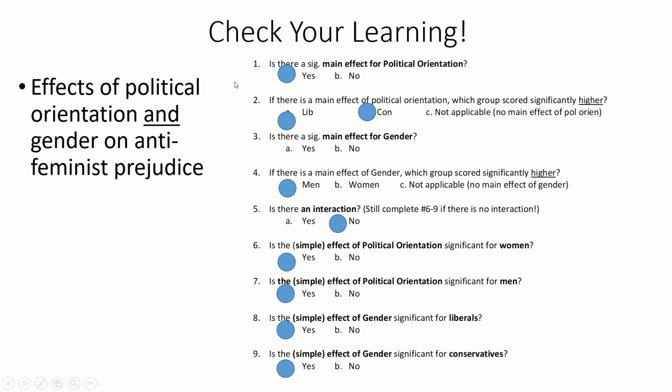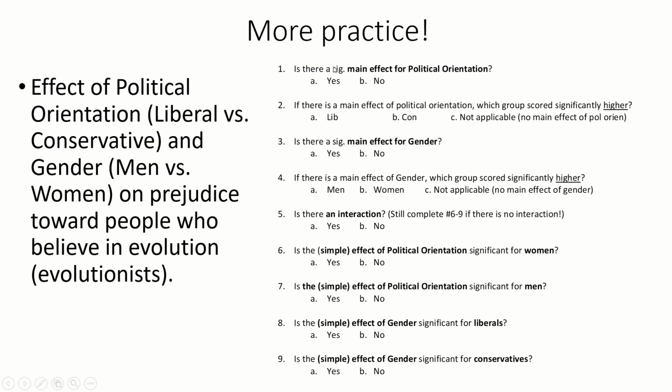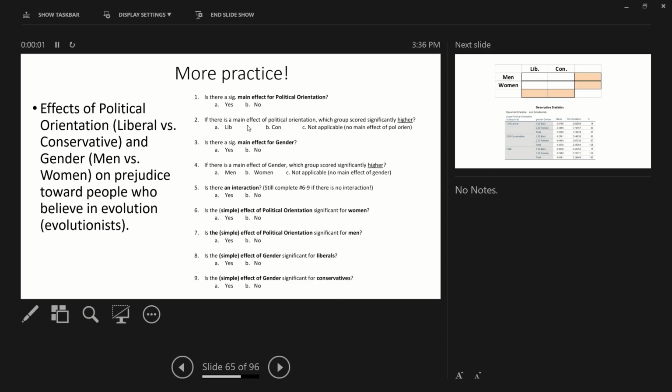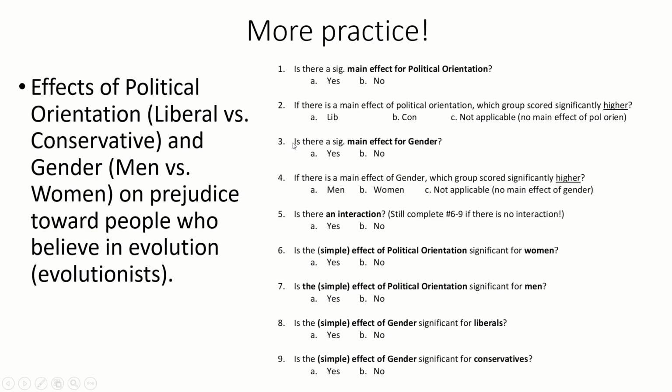So that is the check your learning exercise. If you want more practice, in this PowerPoint you can have more practice. In the third practice problem, we're looking at the effects of political orientation and gender on prejudice toward people who believe in evolution, what I'm calling evolutionists.